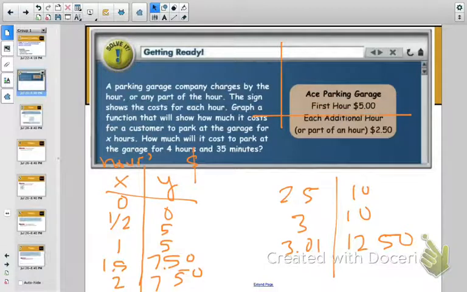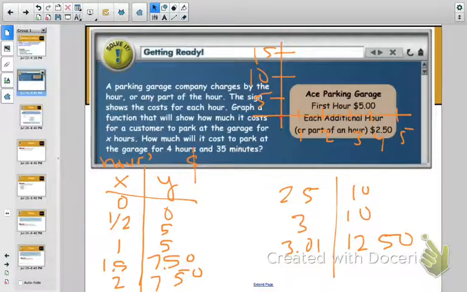So let's just go up by fives: 5, 10, 15. And 1, 2, 3, 4, 5 hours. The way we draw this is what we call a step function. So 0, 0 starts there.